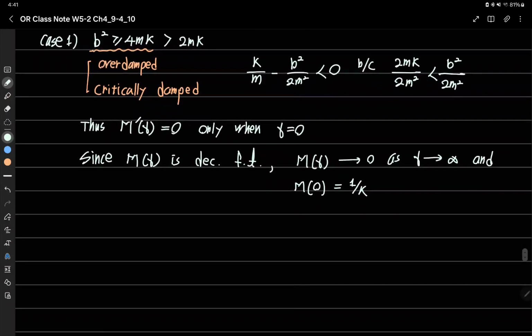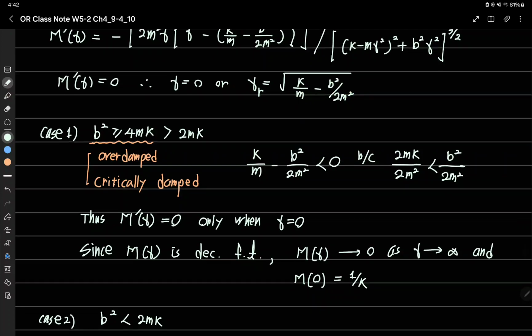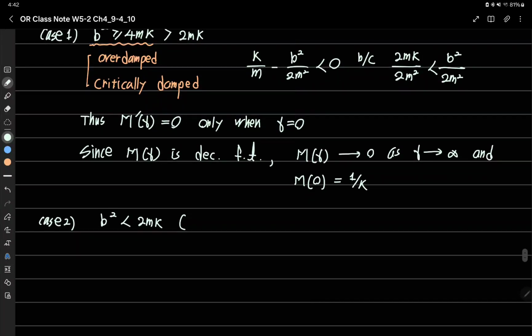All right. So now case 2. The b squared is less than 2mk, which means that the quantity in the square root is positive. Okay, this is underdamped.